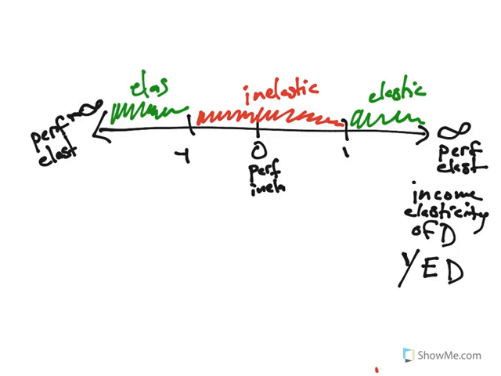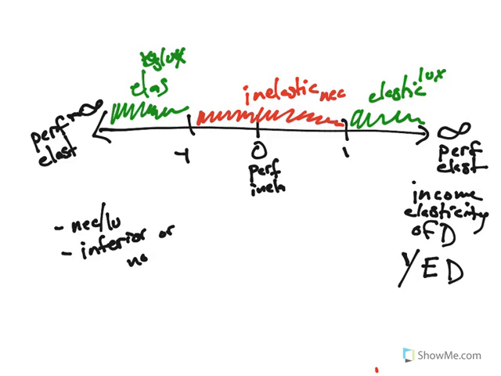Now what do we need to determine? We need to determine whether something is a necessity or luxury. Right? So these are luxuries if they're elastic, and necessities if it's inelastic. But we also use income elasticity of demand to determine whether goods are inferior or normal.